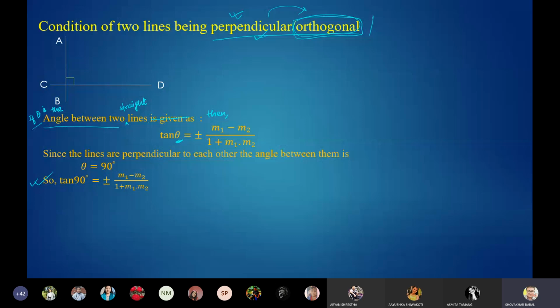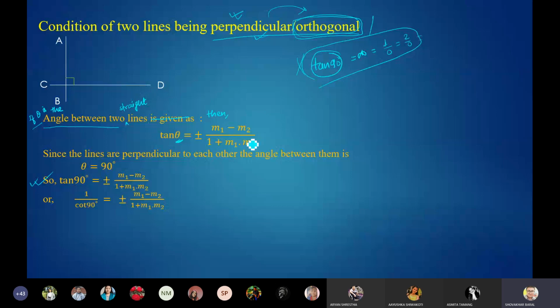So tan 90 is infinite. It will be difficult for us to understand that way; we could say it is something upon 0, like 1 by 0, 2 by 0, 1 lakh upon 0. So let's not go that way. We will use another concept.